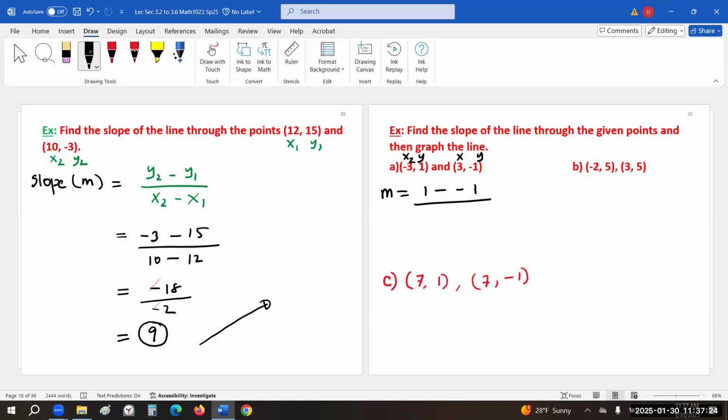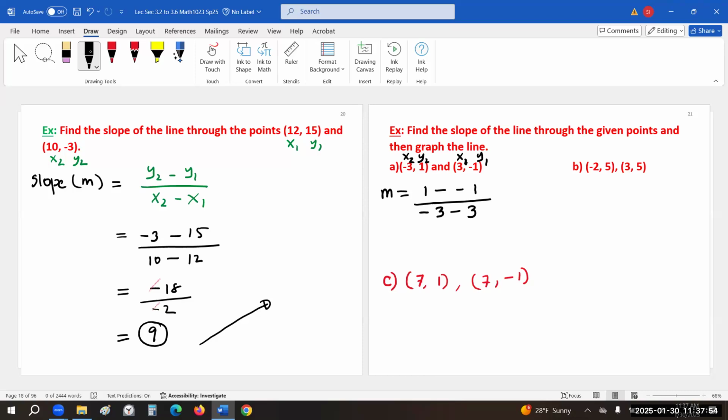And then on the bottom, why -1? -3 minus 3.